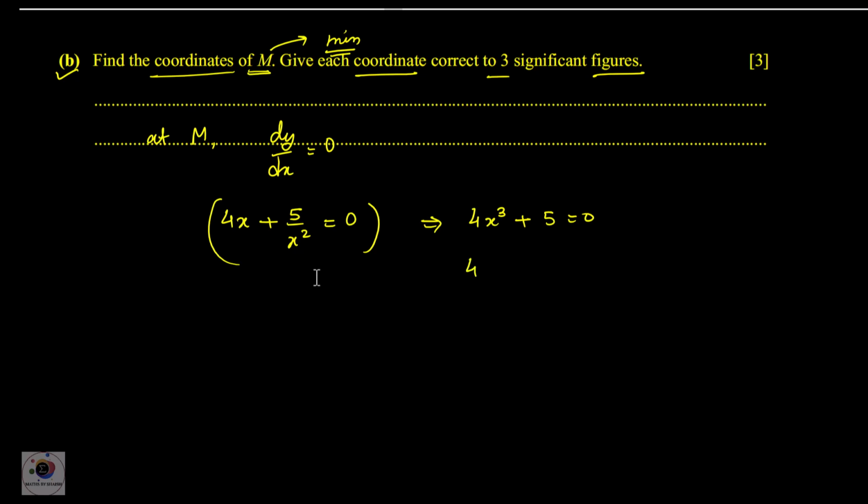Hence 4x cubed equals -5, or x cubed equals -5 over 4, so the x value would be the cube root of -5 over 4.